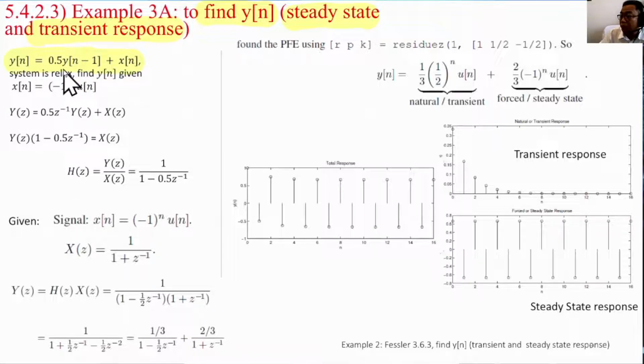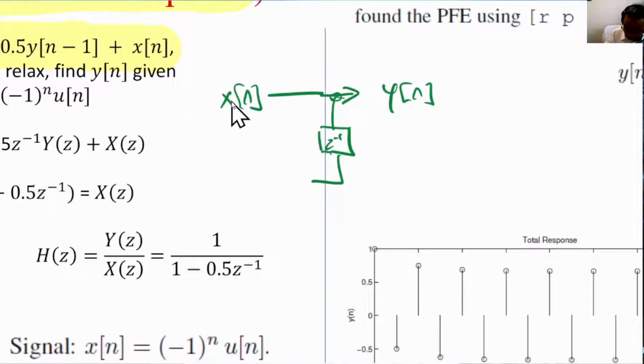y[n] equals 0.5 times y[n minus 1] plus x[n]. Let's draw a block diagram to describe this system. It looks like this. This is x[n]. It becomes y[n]. And since we need a delayed version, we will introduce the block delay here, z^-1.